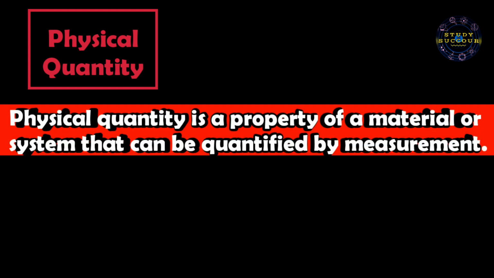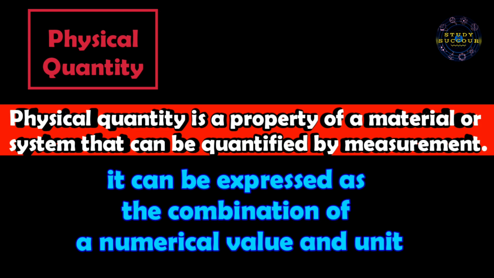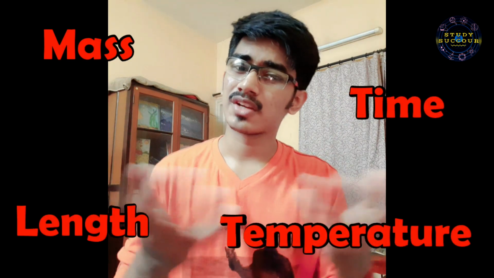So, physical quantity is a property of a material or system that can be quantified by measurement. A physical quantity can be expressed as a combination of a numerical value as well as a unit. For example, mass, length, time, temperature, etc.